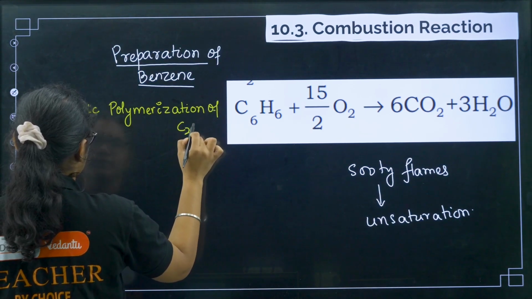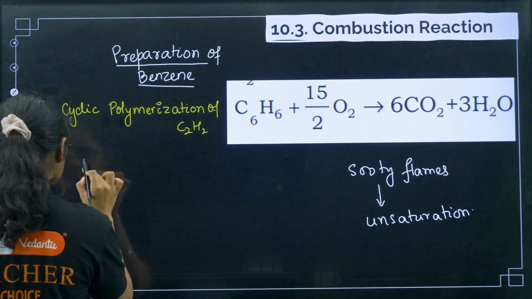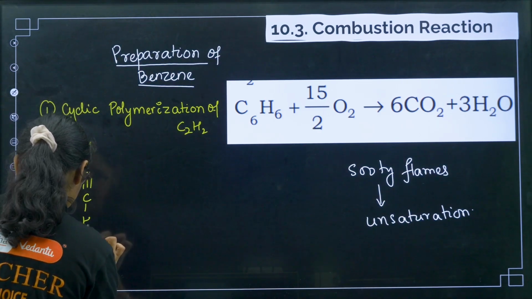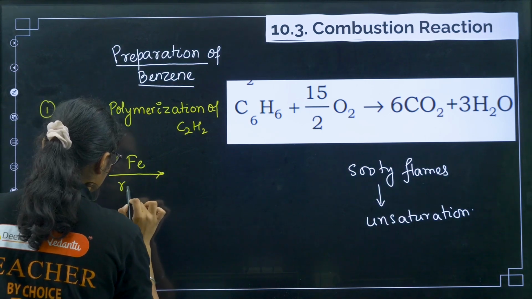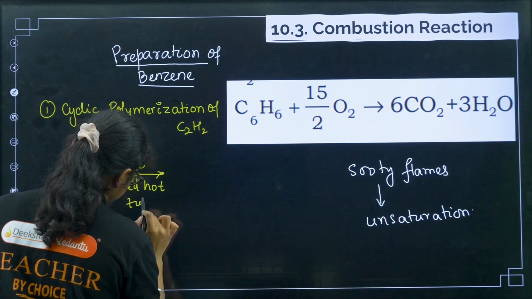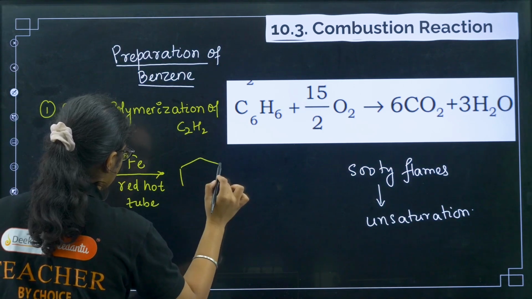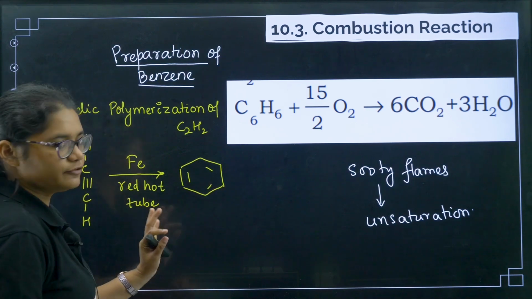of ethyne. So if I have 3 times ethyne in presence of Fe, red hot tube, we used to get benzene. So this is the first method.